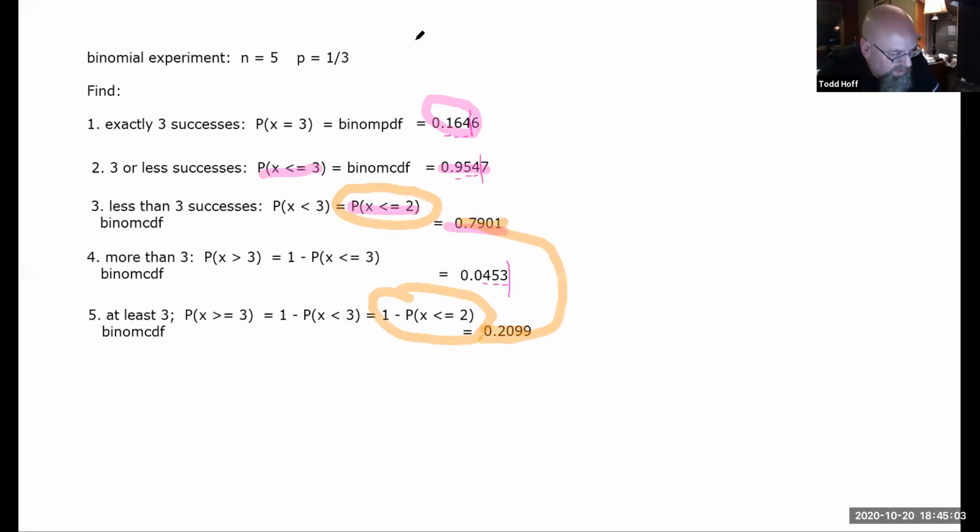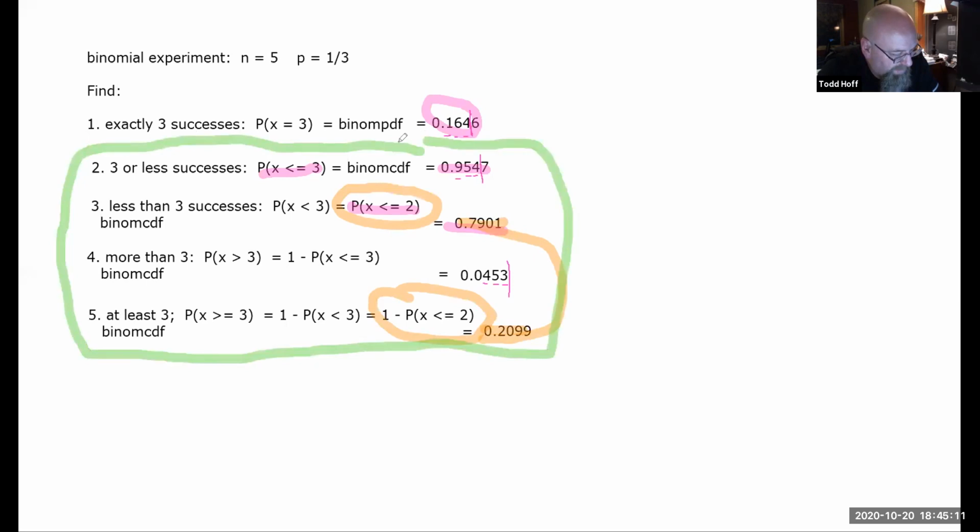Dealing with these binomial probabilities, these last 4 examples here can be tricky. If the probability is less than, well, do I include the number or do I go 1 below it like we had to do here? If it's greater than, is it 1 minus the probability of that number, or is it 1 minus 1 lower than that number like we had to do here?